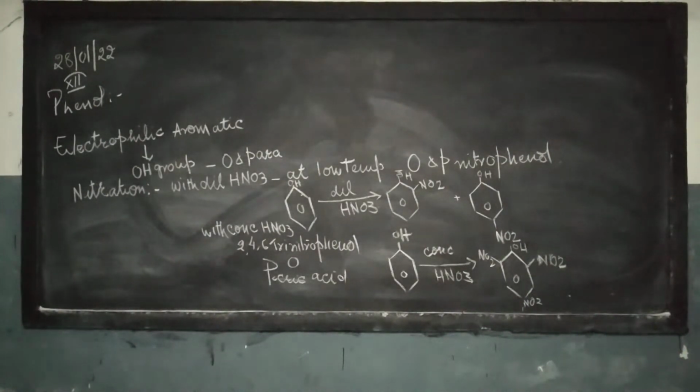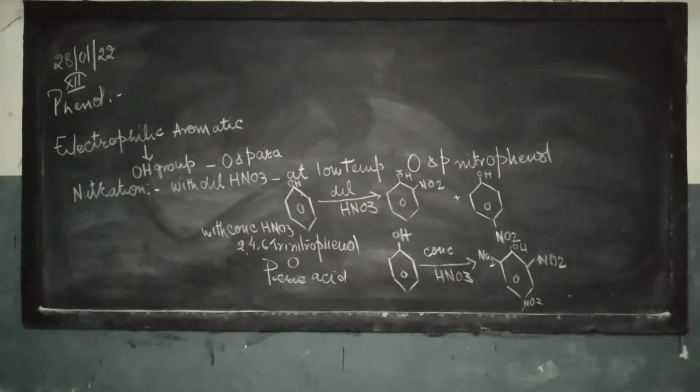The first property we are discussing here is nitration. Phenol with dilute nitric acid at low temperature gives ortho and para nitrophenol.